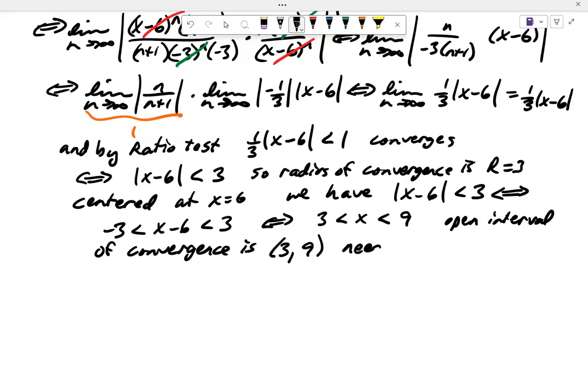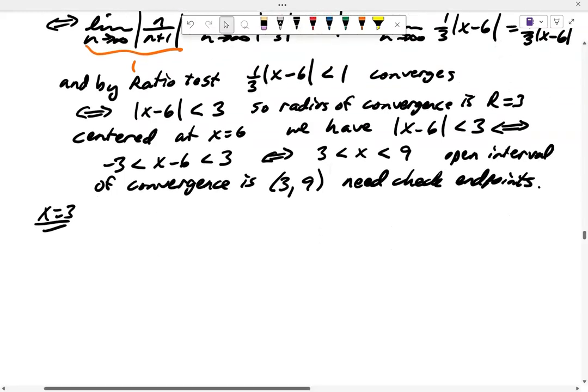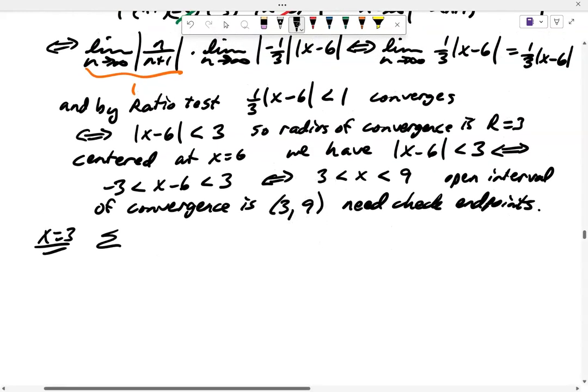We need to check endpoints. So let's check 3 first. We've got x minus 6 to the n over n, negative 3 to the n, from 1 to infinity.